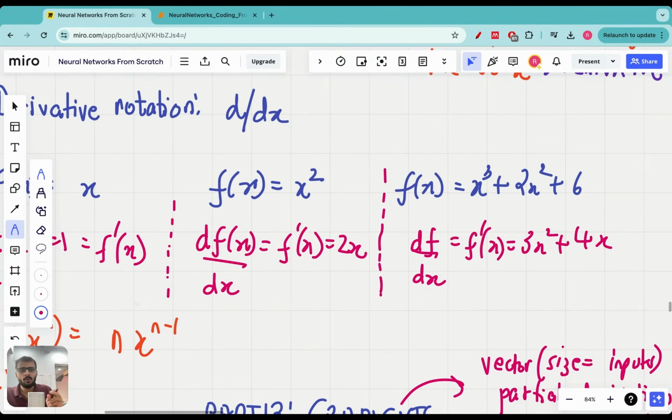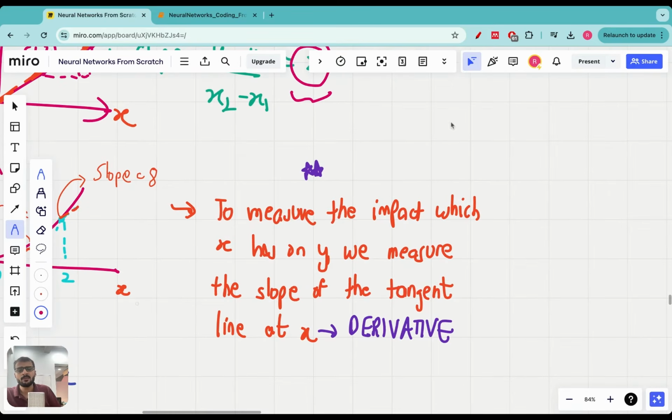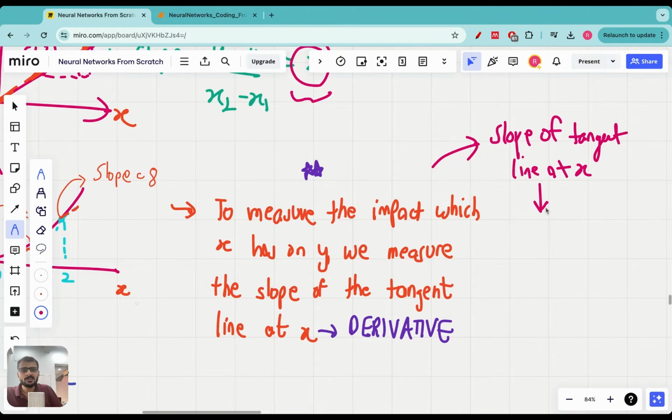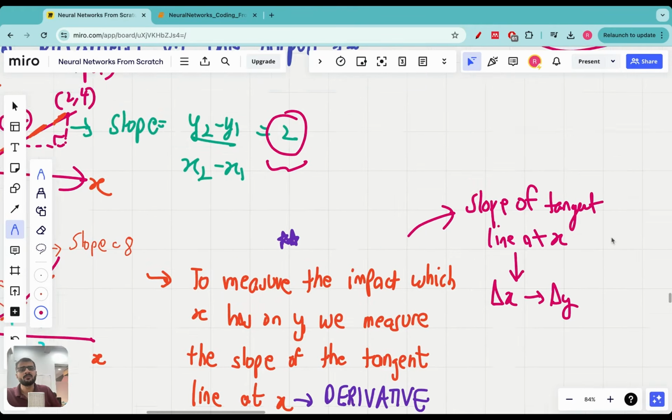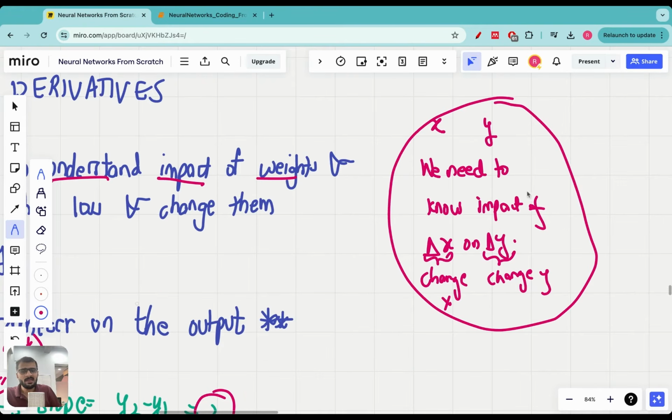So the slope of a function at a particular point, or rather the slope of the tangent line at a particular point x, gives us an indication of the impact which a change in x has on the change in y. So it tells us that if I have a small change in x, delta x, how much it is going to affect delta y. And you see, this is exactly what we started with at the beginning of the lecture.